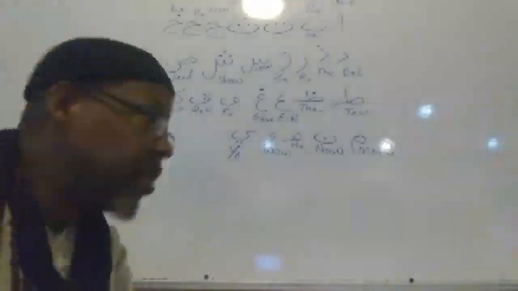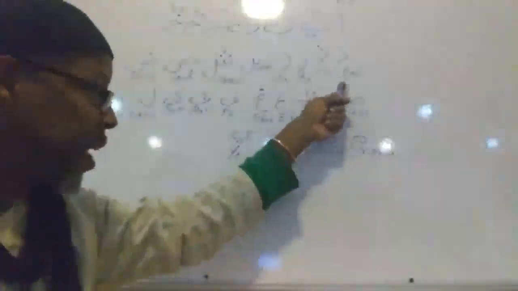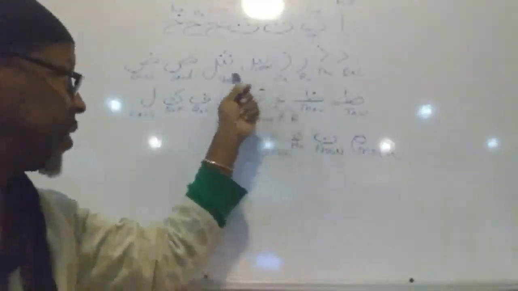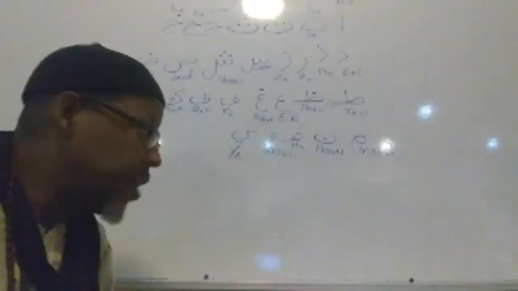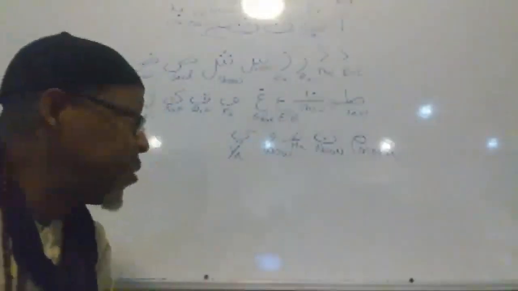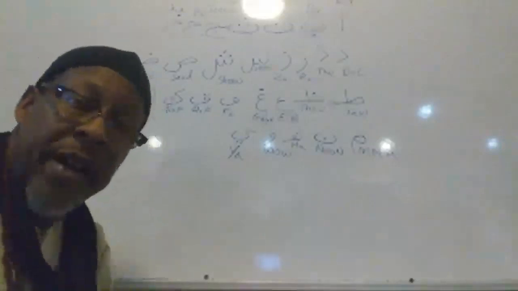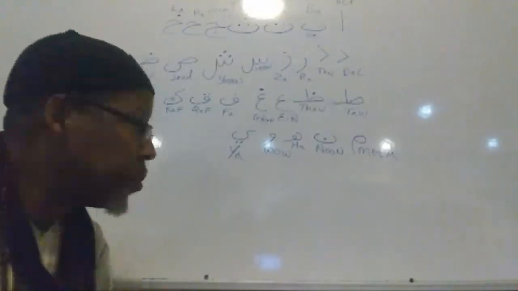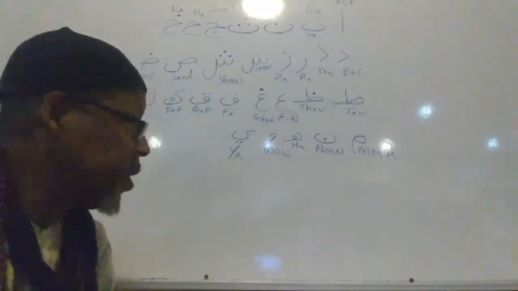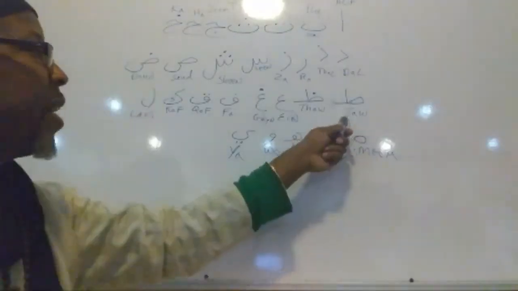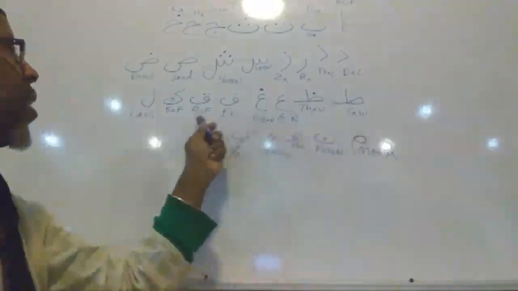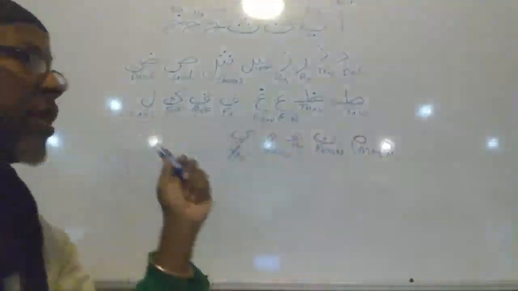Then next week, we'll go over the positions for dal, thal, ra, za, sin, sheen, sad, and dad. You memorize that second week. In the second week, next week, I will give you the 3 vowels, a, e, and u. The 4th week will be ta, tha, ein, ghain, fa, qaf, kaf, lam.